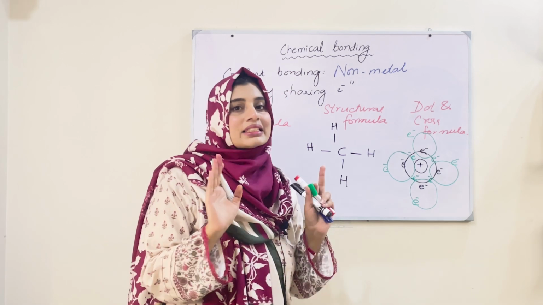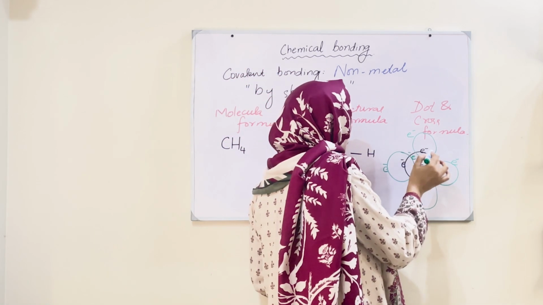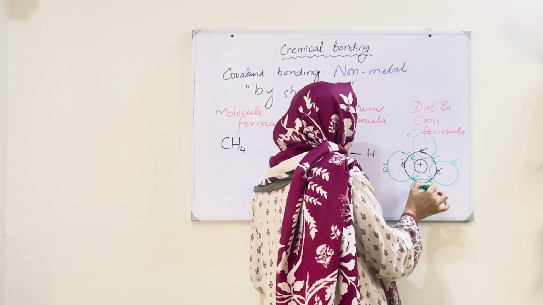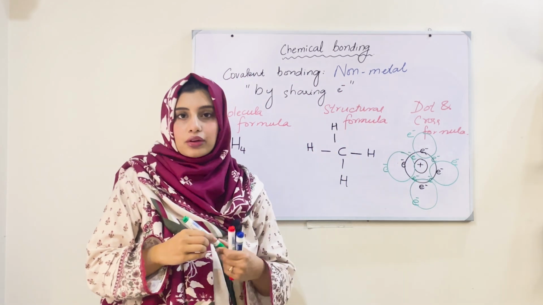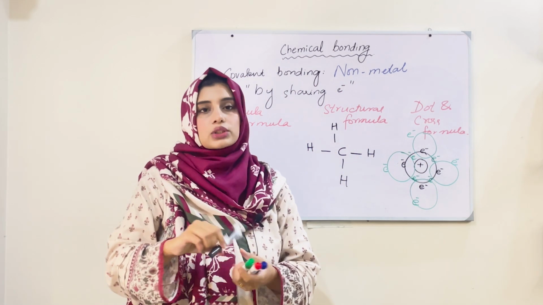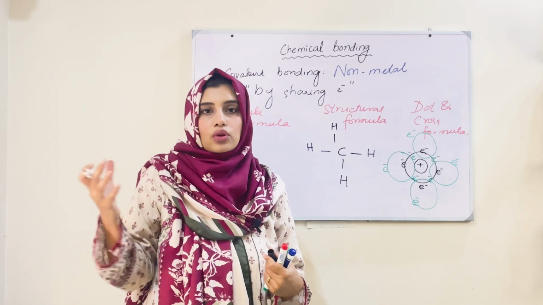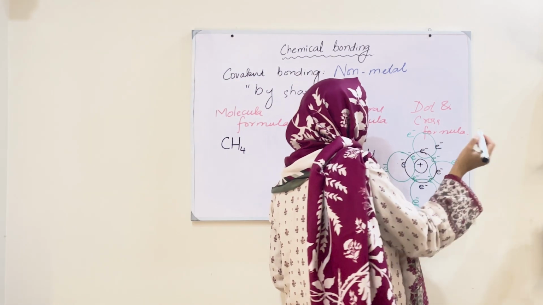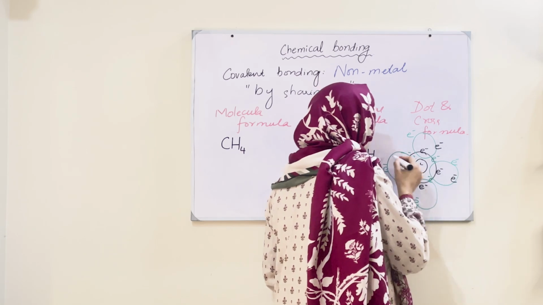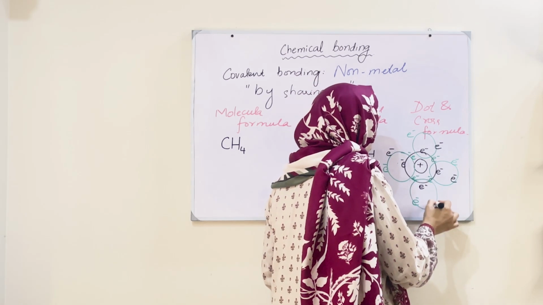Now carbon has 8 electrons in its outermost shell: 1, 2, 3, 4, 5, 6, 7, 8. Right? Hydrogen had 1 electron, so hydrogen will get 1 electron from carbon. Every hydrogen is getting 1 electron. I am showing it in black. So now hydrogen also has 2 electrons.